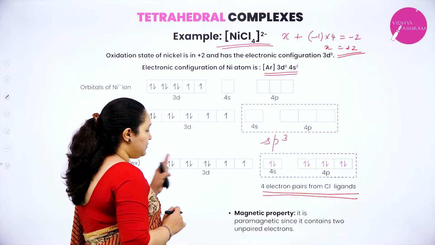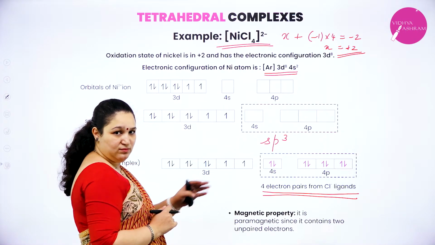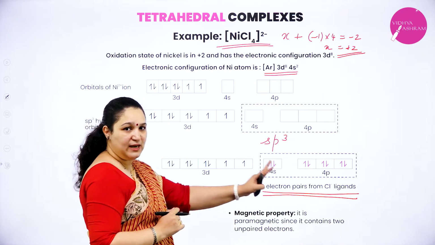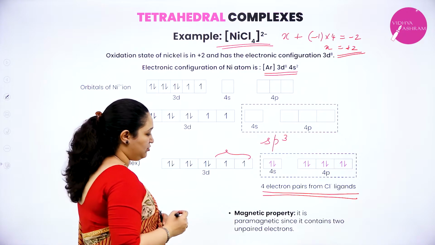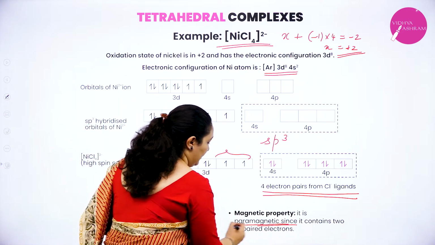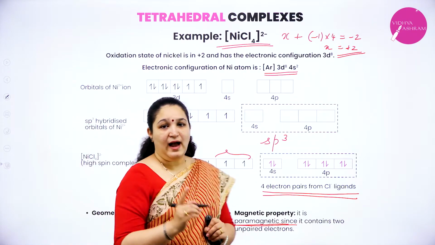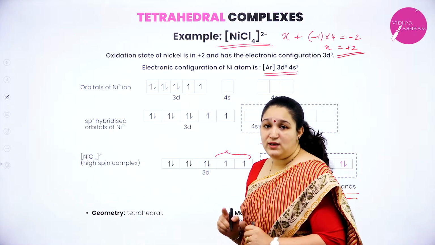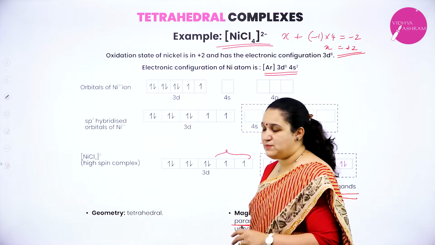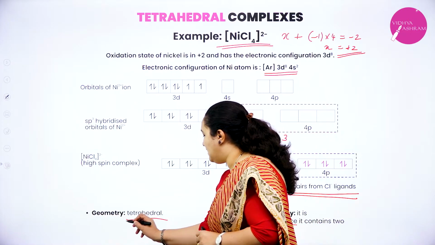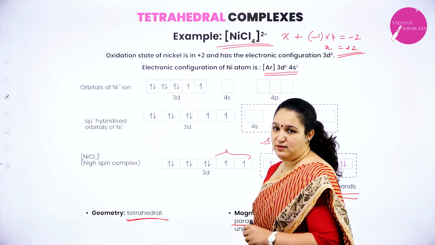Now if you observe the final step, you can see there are 2 unpaired electrons and thus it is paramagnetic, and because the coordination number is 4 and the hybridization is sp3, geometry is tetrahedral.